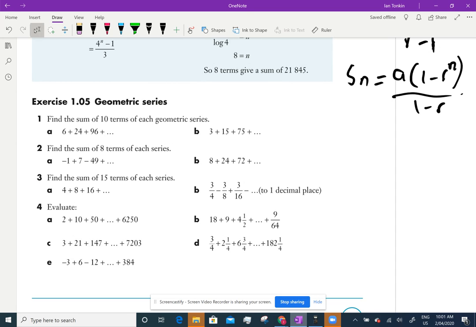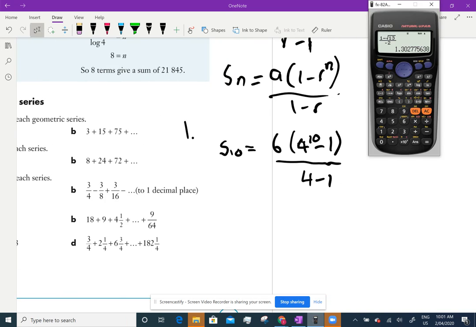First one, question 1, we're finding S 10. Our a is 6. Our r is 24 divided by 6, so it's 4. So we have 6 times 4 to the 10 minus 1, over 4 minus 1.